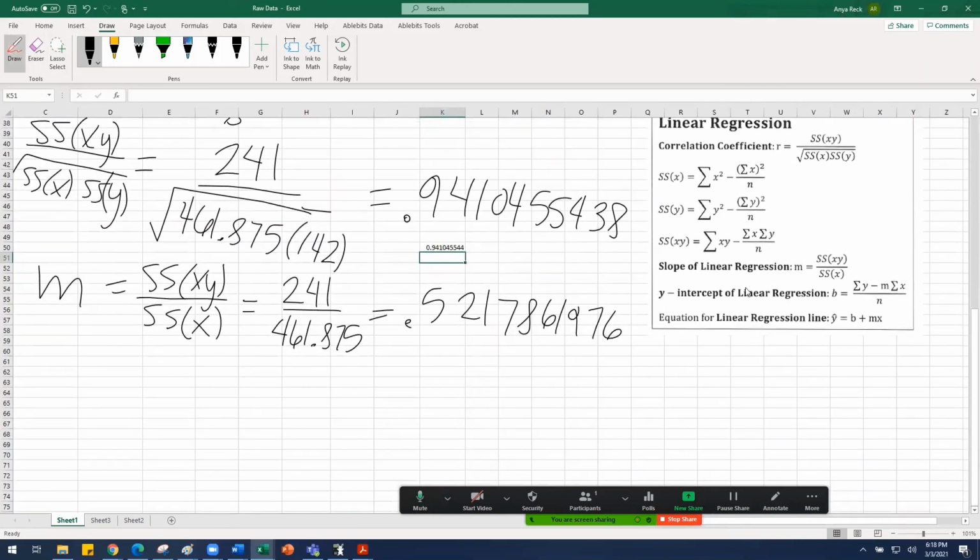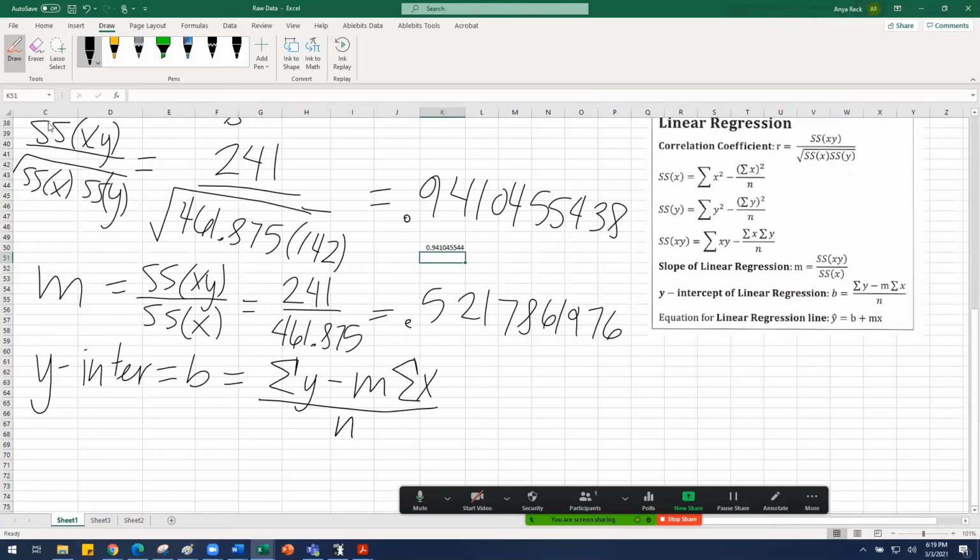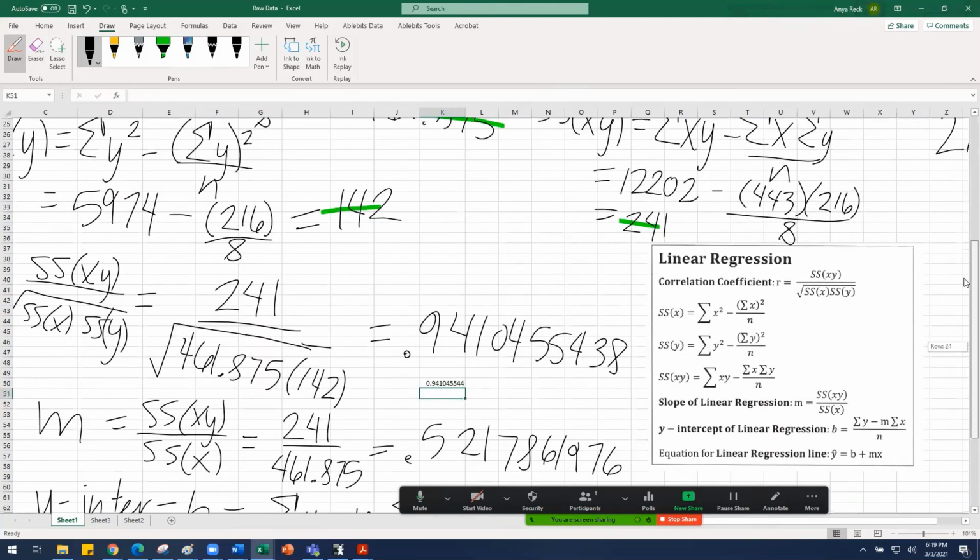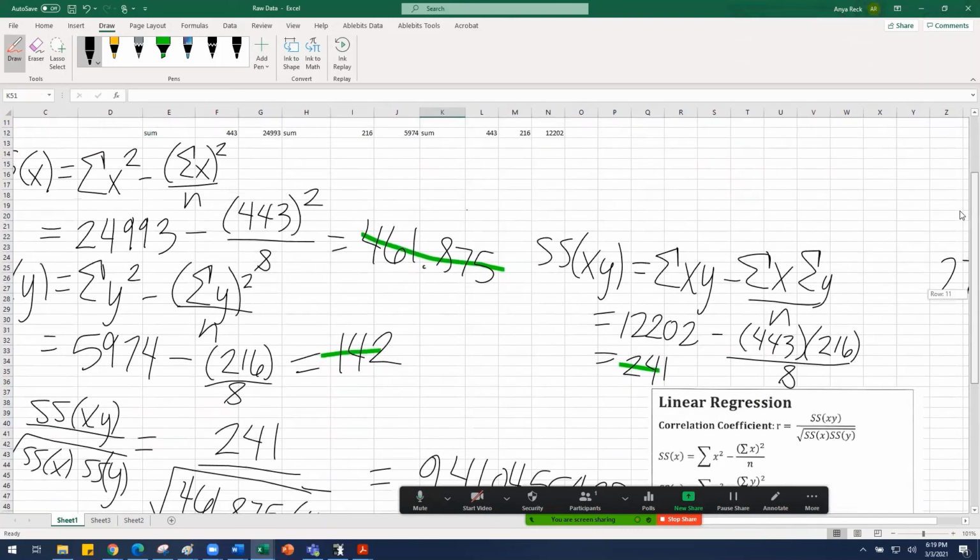The next step in this formula says we need to find the y-intercept. So your y-intercept, which is the b value, is the sum of y minus the slope times the sum of x, over n. So the sum of y, so you can go back up to your tables here.